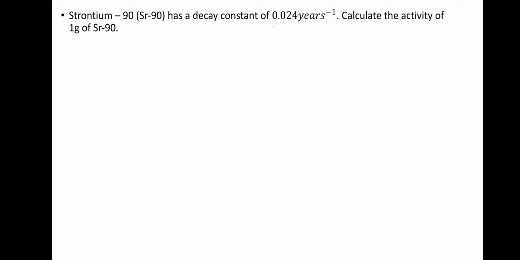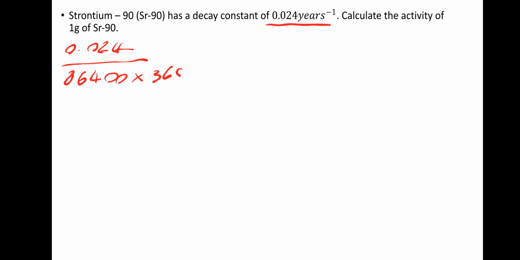So let's deal with the decay constant first. We've done this before, but this time it's given in years. So we need to divide by the number of seconds in a year. So you'd have to do 0.024 divided by the number of seconds in a day, which is 60 times 60 times 24, which is 86,400 seconds, multiplied by 365 days in a year.